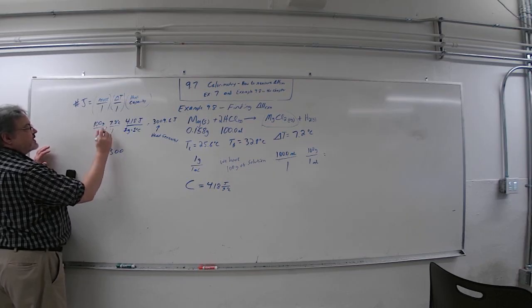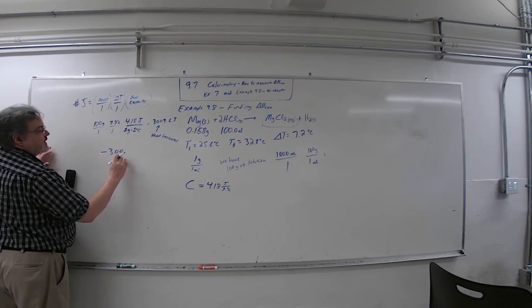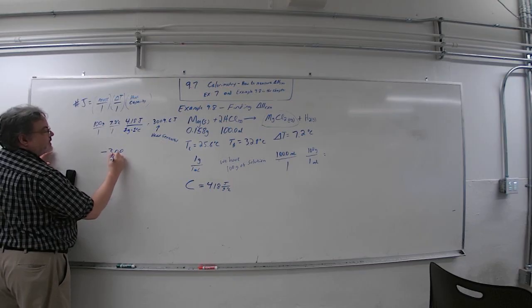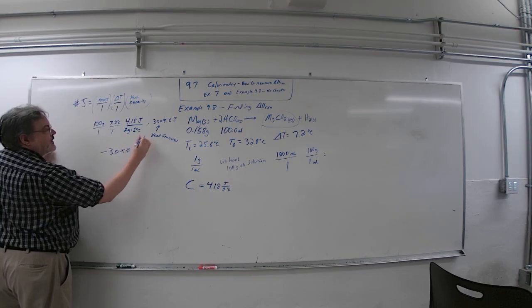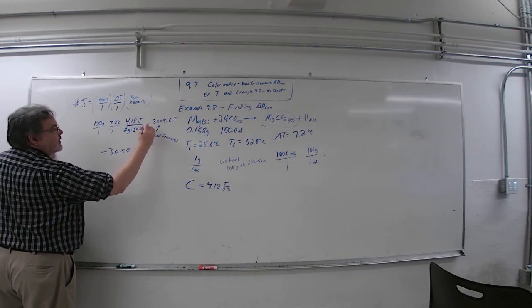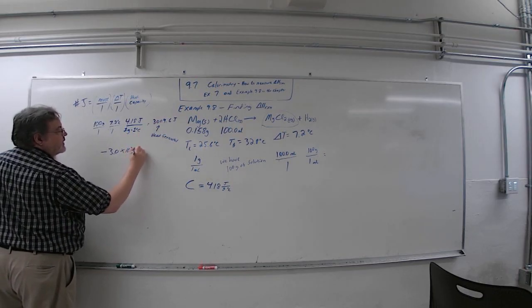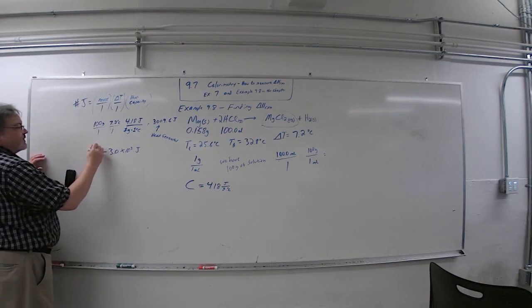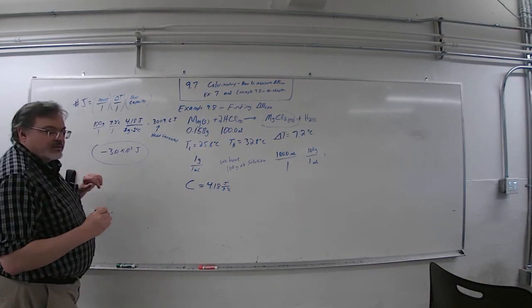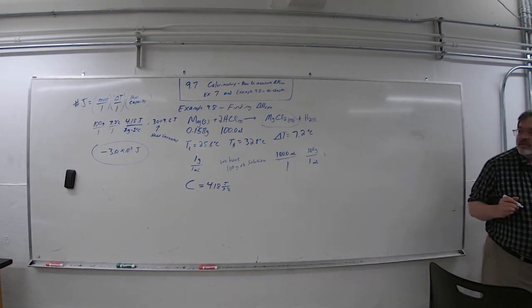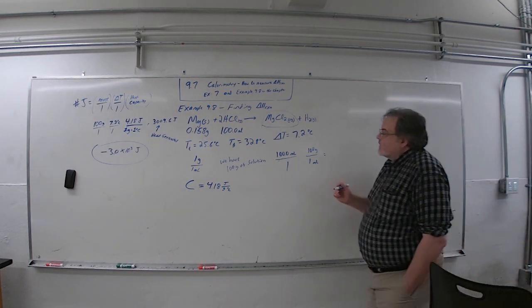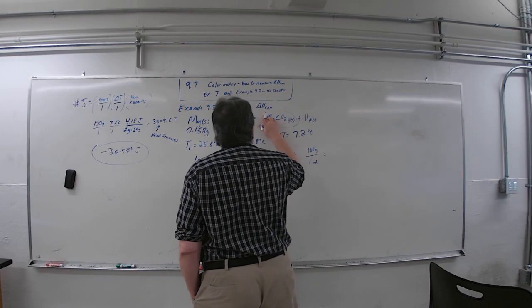This is three significant figures. That's how much came out of the solution. So that tells you the delta H. I could write it like this.